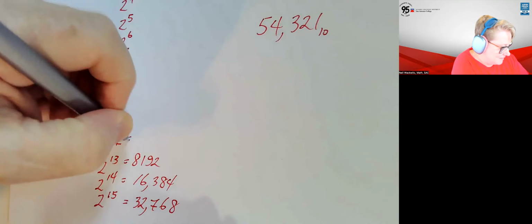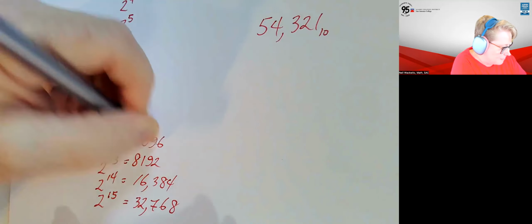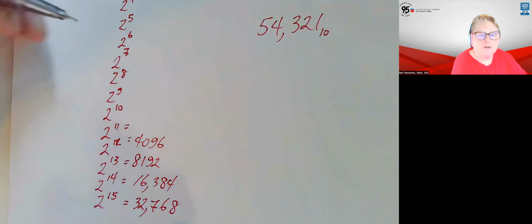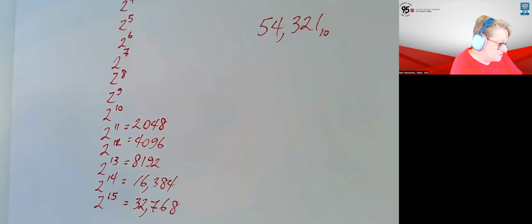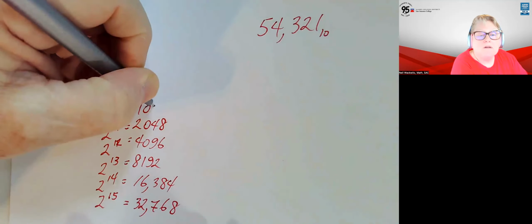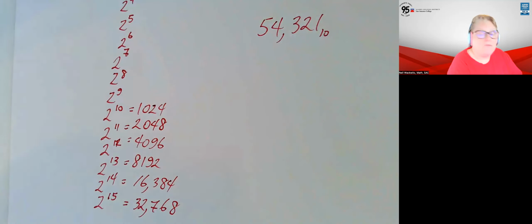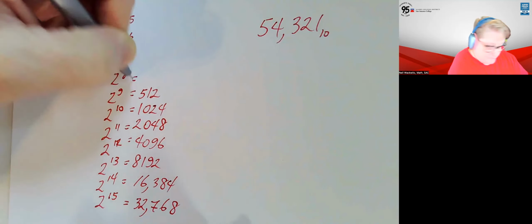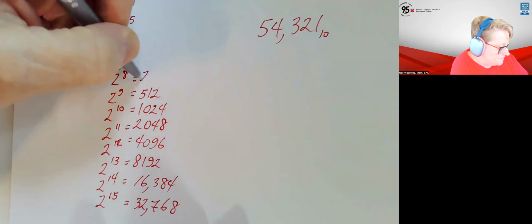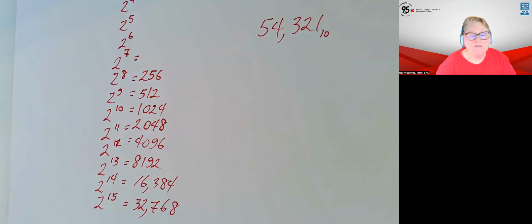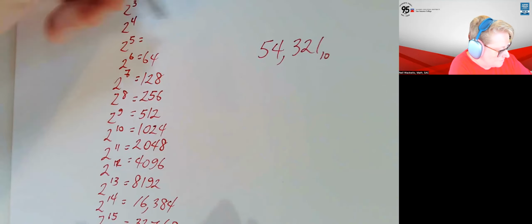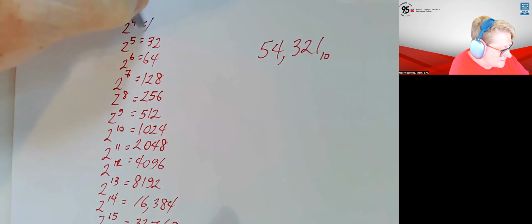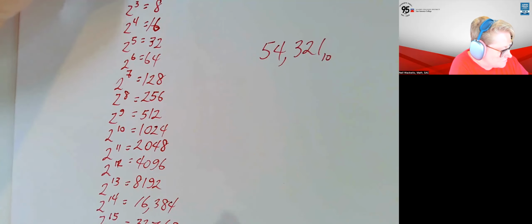Now 2 to the 12 is 4,096. 2 to the 11 is 2,048. 2 to the 10th power is 1,024. 2 to the 9th is 512. 2 to the 8th is 256. 2 to the 7th is 128. 2 to the 6th is 64. 2 to the 5th is 32. 2 to the 4th is 16. 2 cubed is 8. 2 squared is 4. 2 to the first power is 2, and 2 to the 0 is 1.